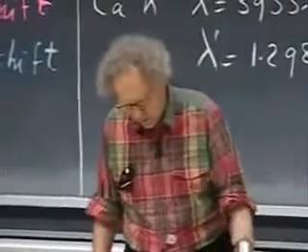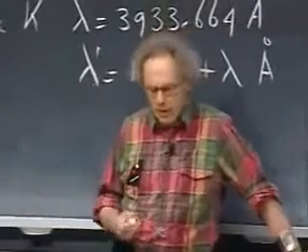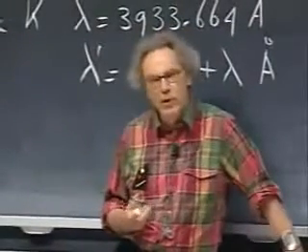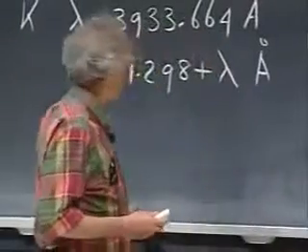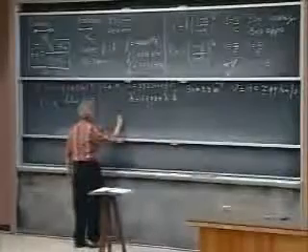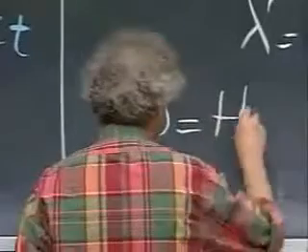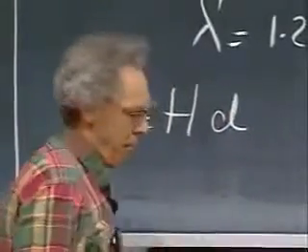But Hubble made a spectacular discovery. He found a linear relation between the velocity and the distances. And we know this as Hubble's law. Hubble's law is that the velocity is a constant, which is now named after Hubble, capital H, times d.